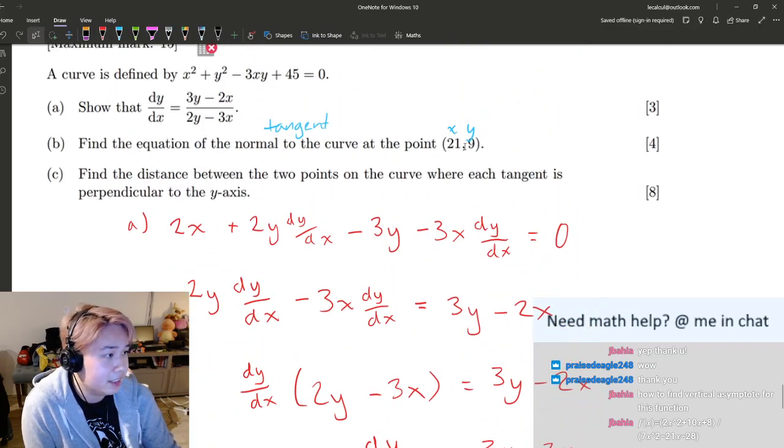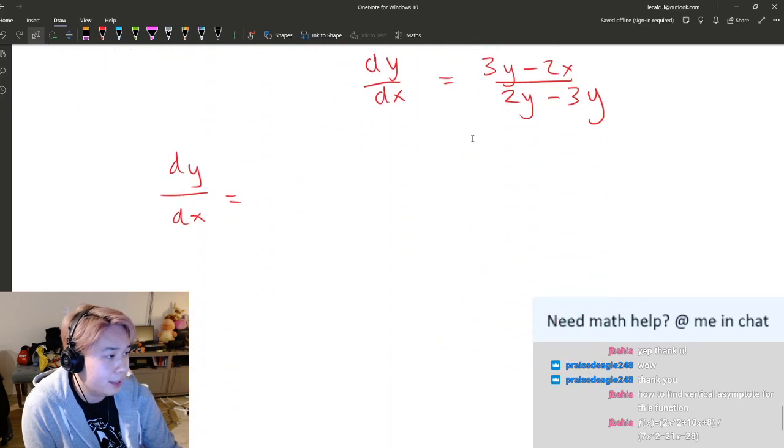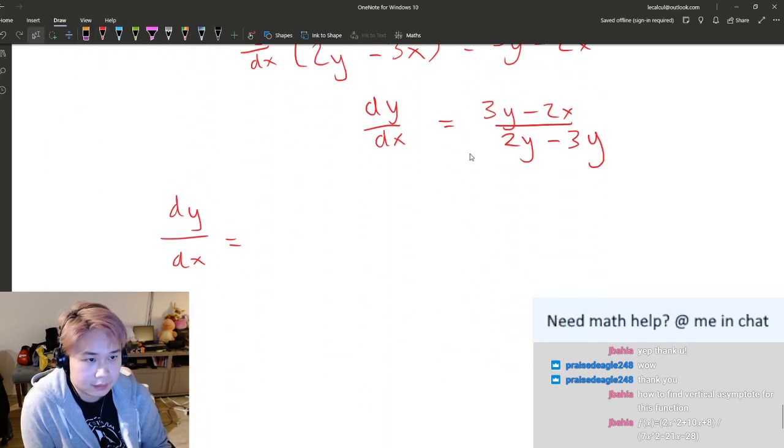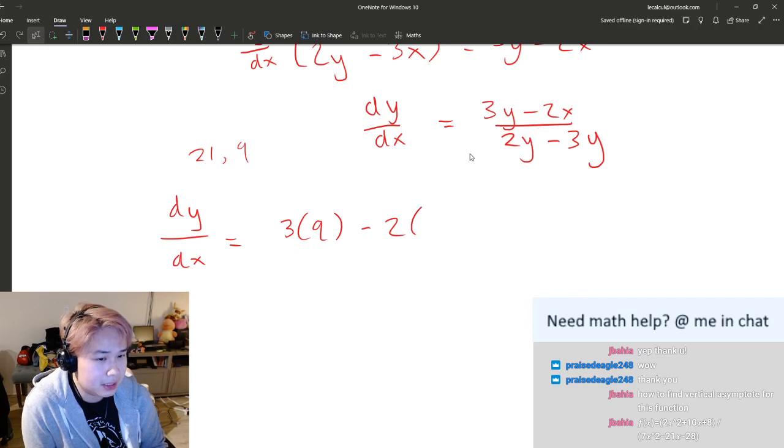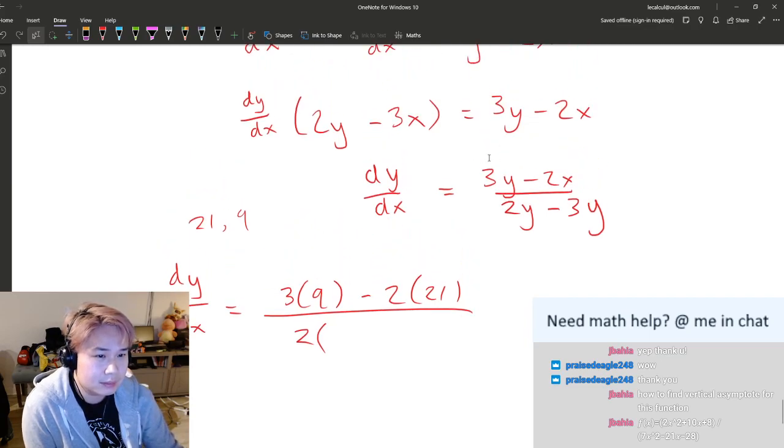So let's see, we have x is 21, y is 9. So 3 times 9 minus 2 times 21 over 2 times, this one should be x, 2 times 9 minus 3 times 21.